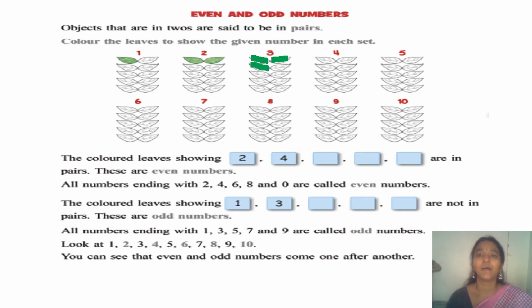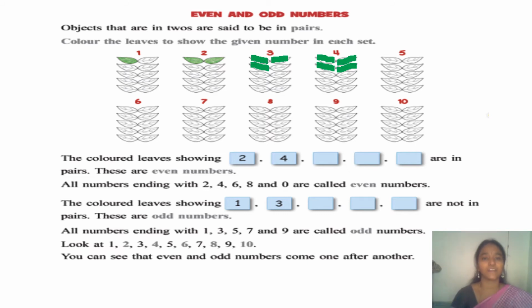See here, here 4 is written. Under 4 you have to color 4 leaves. So I am coloring 1, 2, 3, 4. Now 5. Do like that.